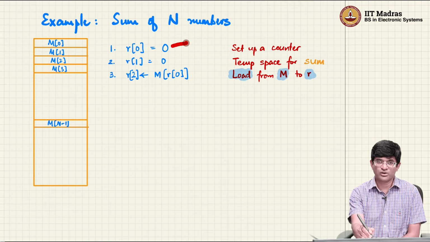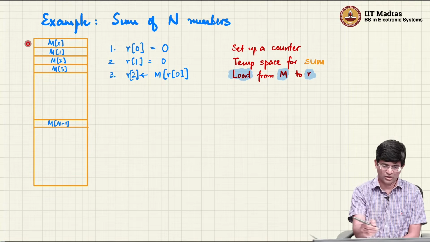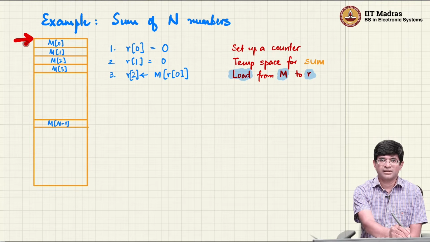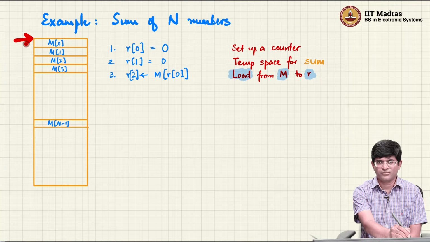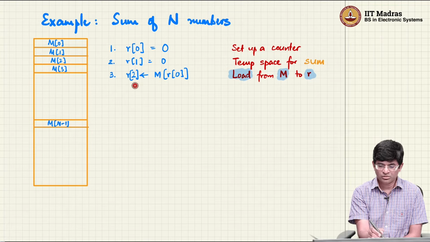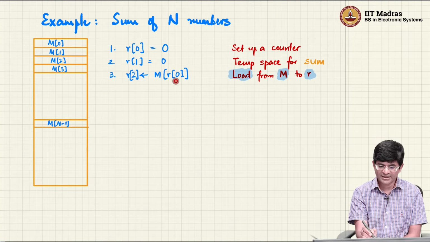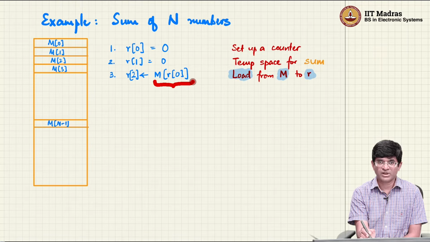R0 has now got the value 0, right? Another way of looking at it is that R0 gives me the index in the main memory of the value that I want to pull out. Okay, so I am going to put in an instruction over here which basically says take the value corresponding to m of R0 and put it into the register R2, right?